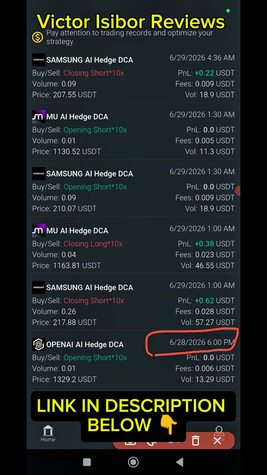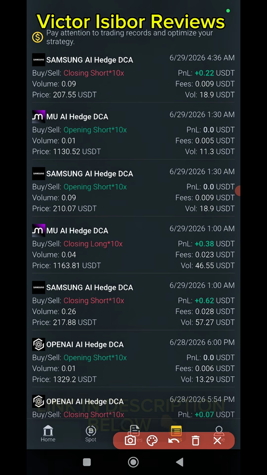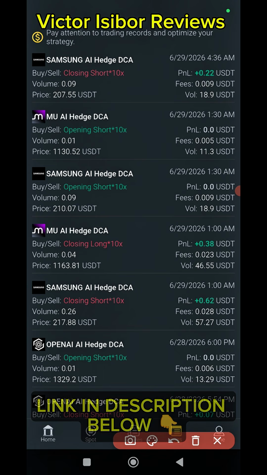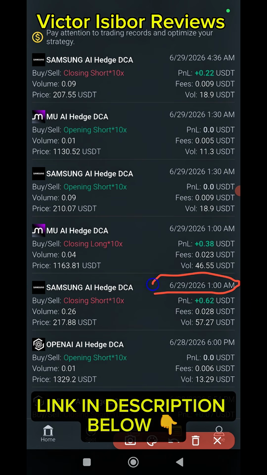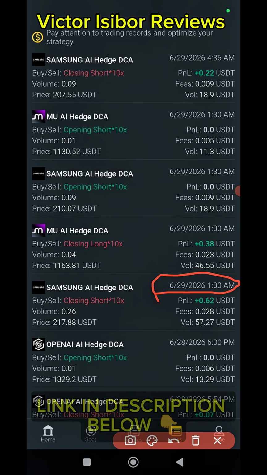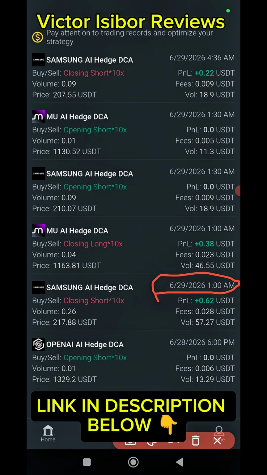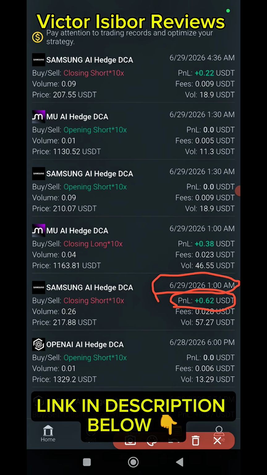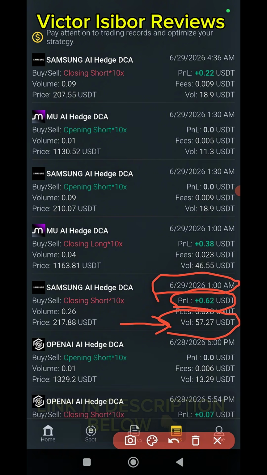All right. That aside, the mobile phone giant Samsung, at exactly 1 a.m. in the wee hours of this morning, June the 29th, I made a profit of 62 cents. Very early in the morning. How much of my money went into that trade? $57.27.